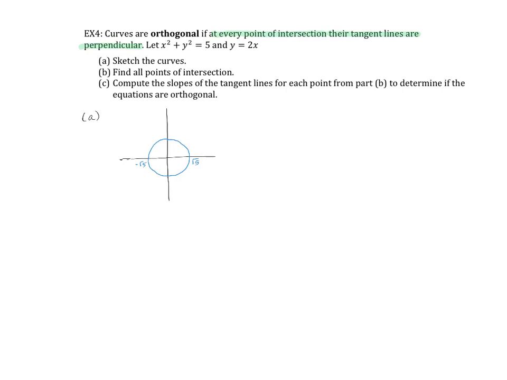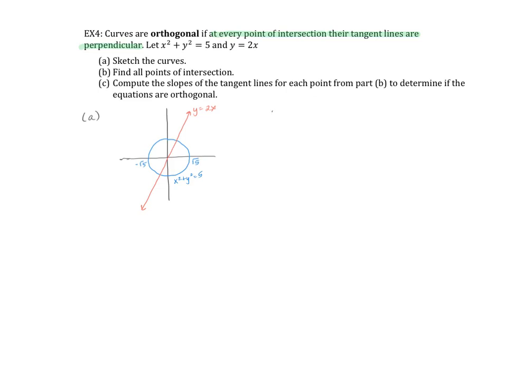And y equals 2x is a line. Now, clearly this is pretty bad, but close enough. So that would be y is equal to 2x. It's this line, and this would be the circle x squared plus y squared equal to 5. So I sketched the curves.